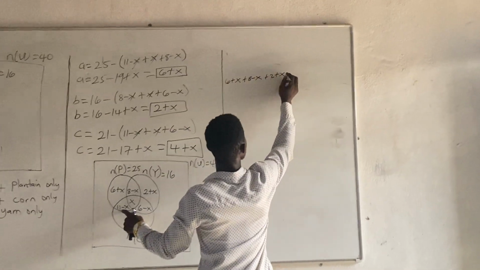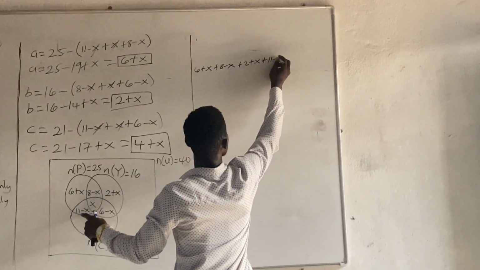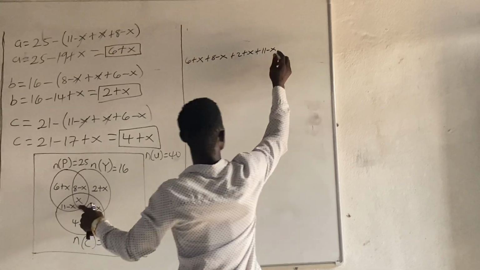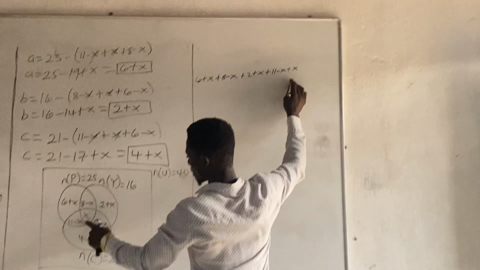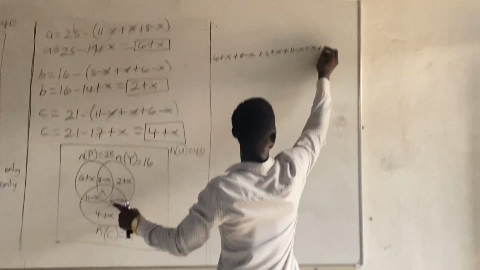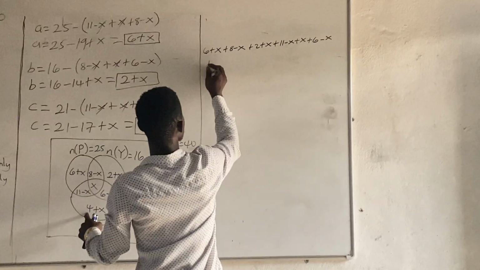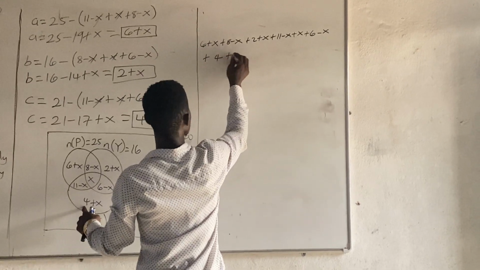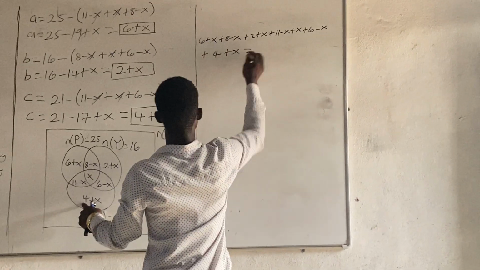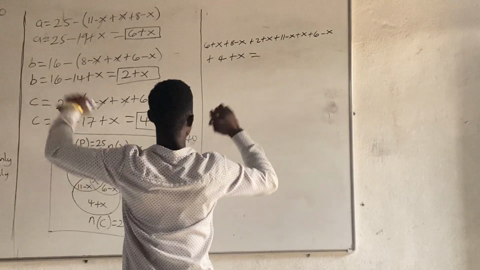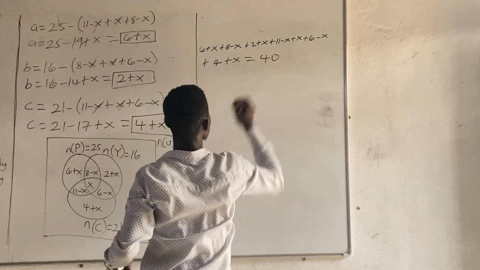We come here, we say 11 plus 11 minus x plus x plus 6 minus x plus 4 plus x, all should be equal to the universal, the number of the universal set, which is 40.